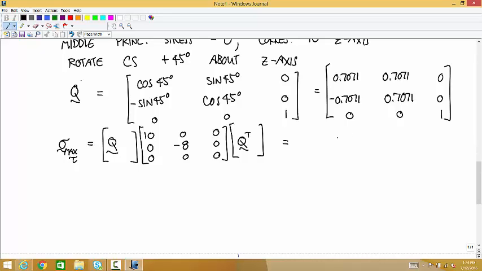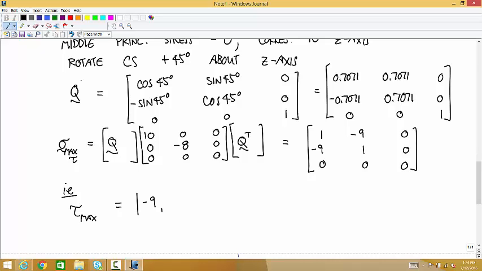And what you get out of that is 1, negative 9, 0, negative 9, 1, 0, 0, 0, 0. And what that tells you is, let me write it like this: the maximum shear stress, tau max, is equal to the absolute value of negative 9, so 9 megapascals.